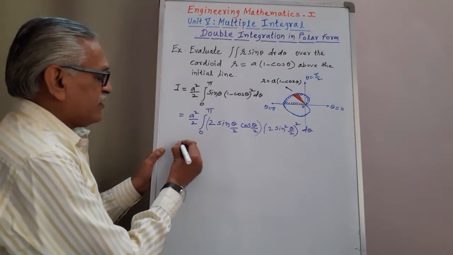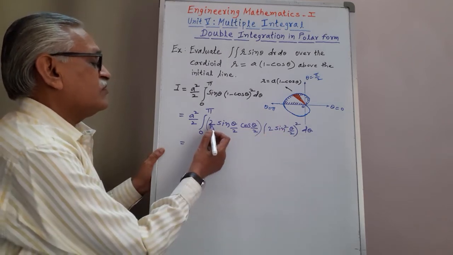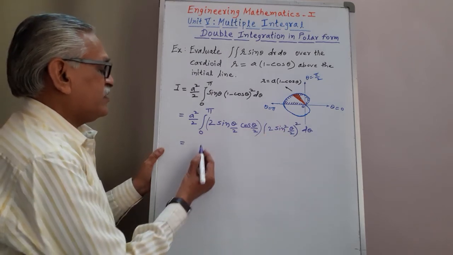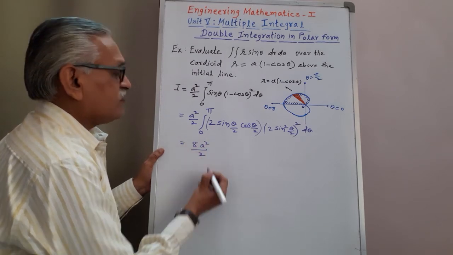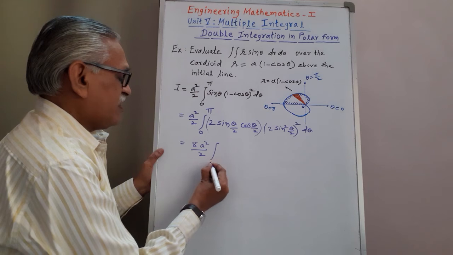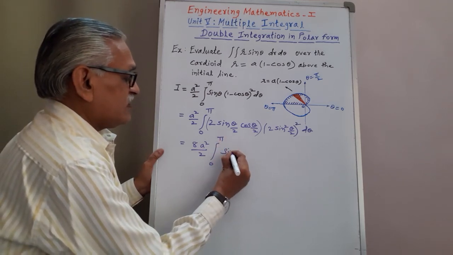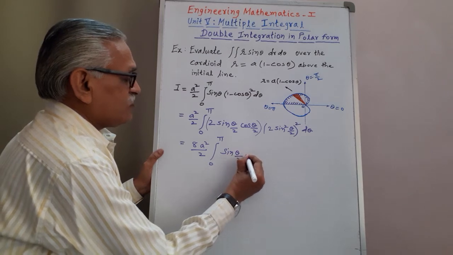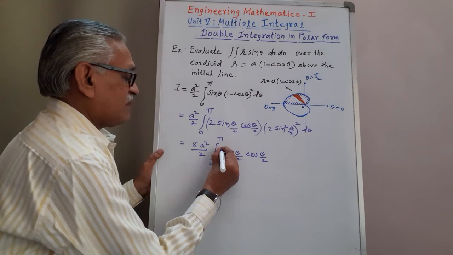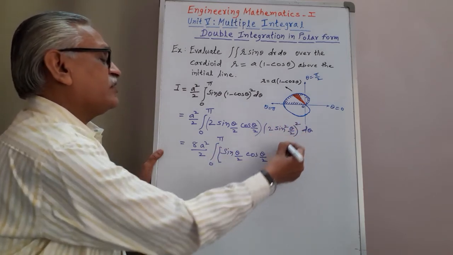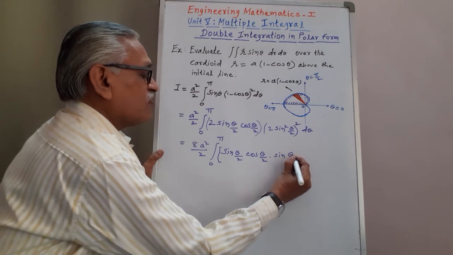And then simplifying it, 2 square is 4, 4 times 2 is 8, a square by 2, limit from 0 to pi, sin theta by 2 cos theta by 2 as it is, and this becomes sin theta by 2 raised to 4.